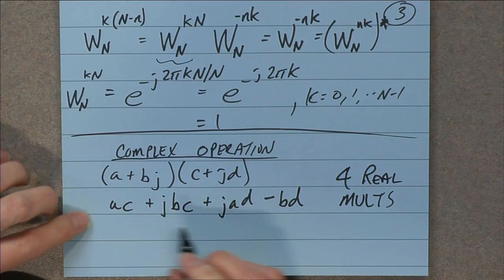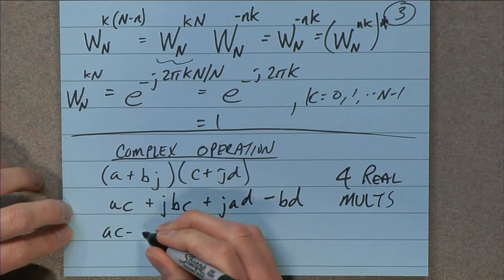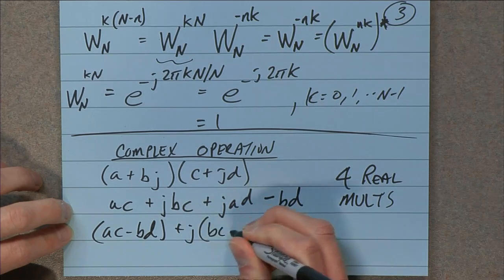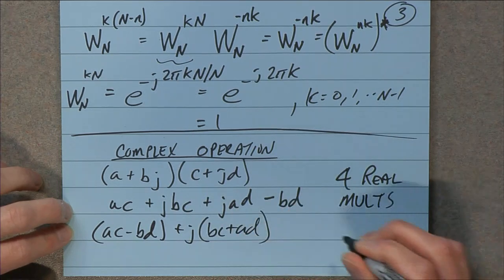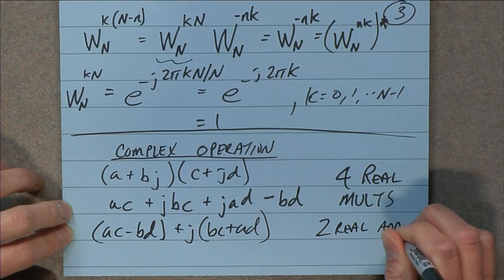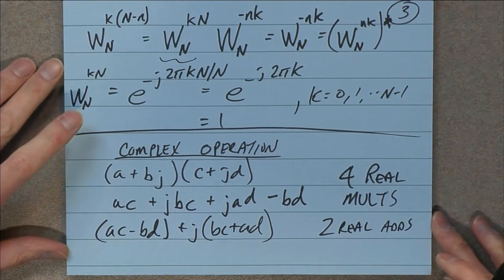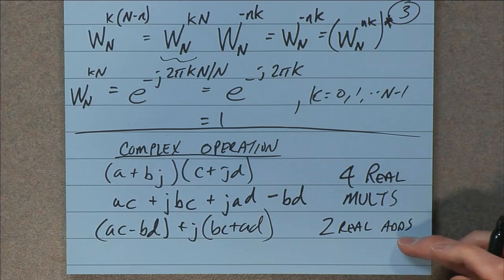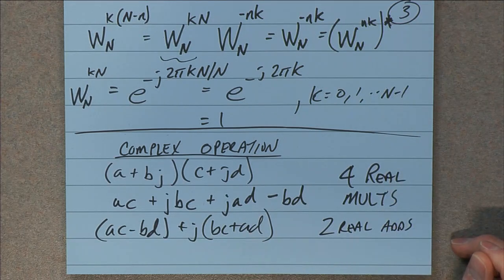And then if we add this up, we've got 2 real adds. So every time you actually do a complex multiply, you've got to cash it out in terms of 4 real multiplies and 2 real adds. And you can do that, but we're not going to do that for today.